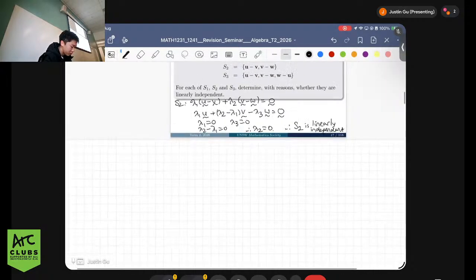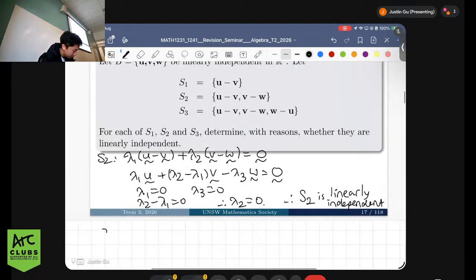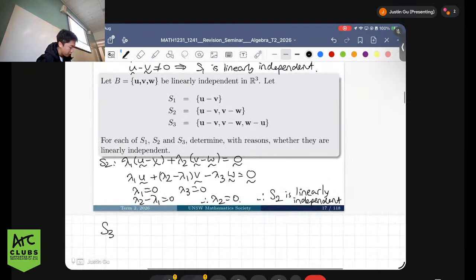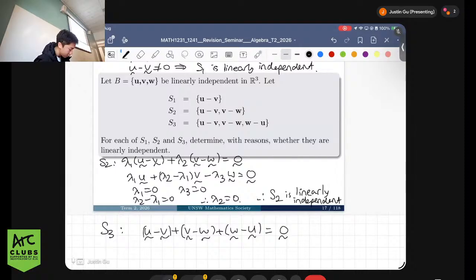Last one is S3. If we take a look at the addition of all three of those vectors, u minus v plus v minus w plus w minus u, this actually just gives us the 0 vector.